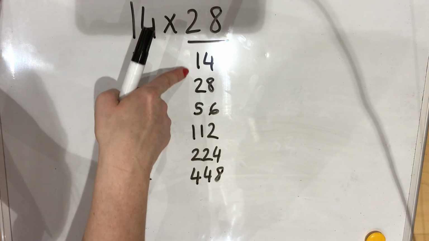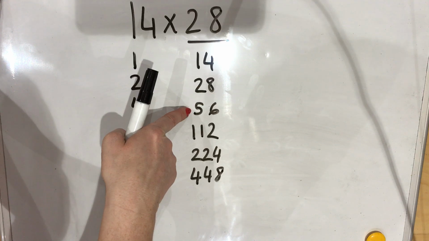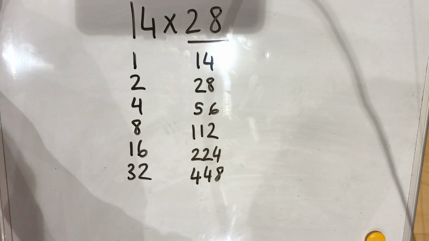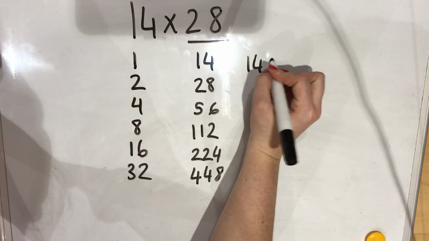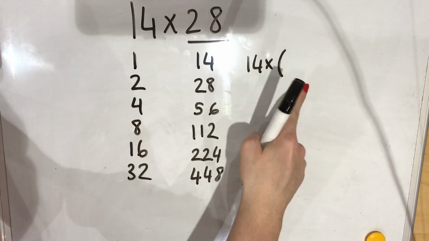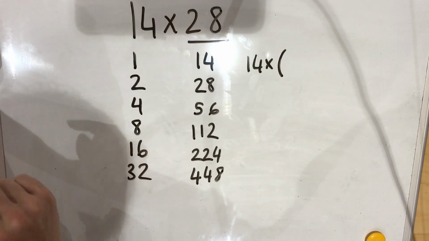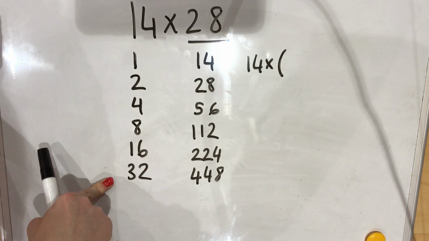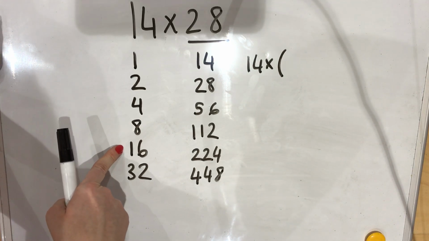Let's just check. So 28, 56, 112, 224, 448. And then I can write out my question. So instead of having 28, I'm going to see which of these add up to make 28. So let's have a look.